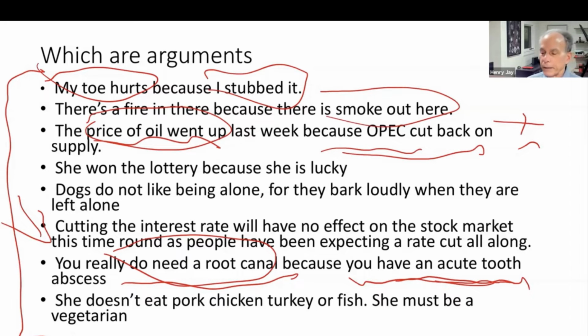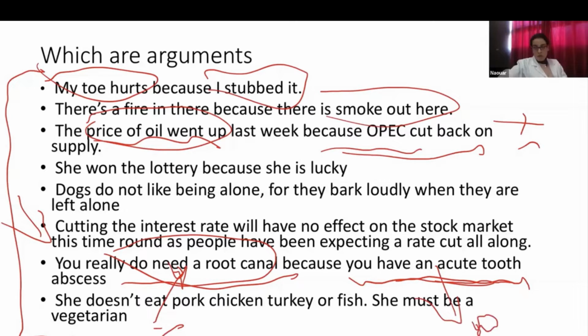You're evaluating this. This is the claim, and this is the premise, right? And you're evaluating the reliability of that premise to determine whether it's a strong or weak argument.